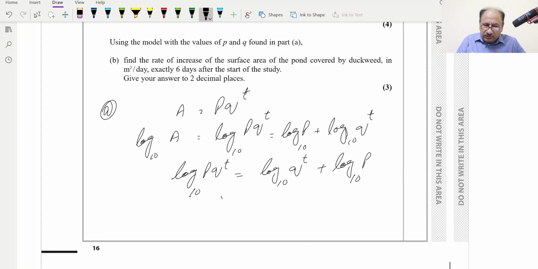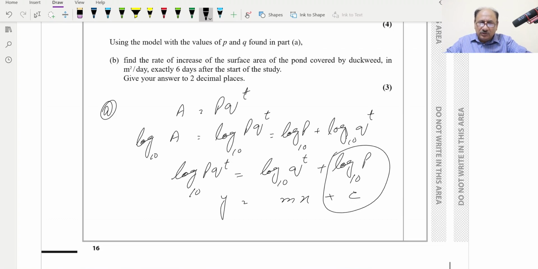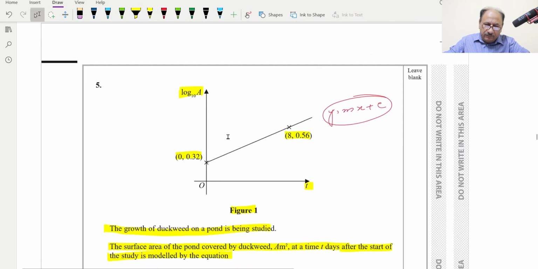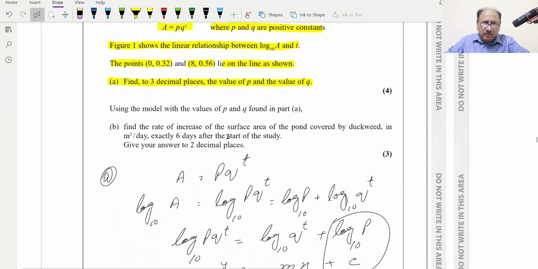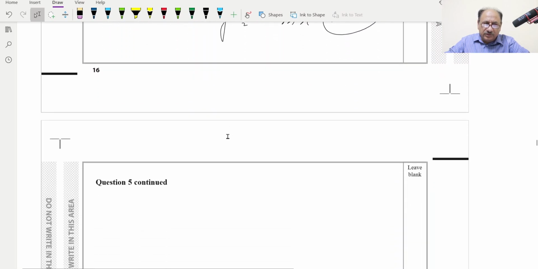So now we can compare it with y is equal to mx plus c. This will be the y-intercept, the c value. We can check from here, and the c value is this one, 0.32. So we can write log 10 p is equal to 0.32.